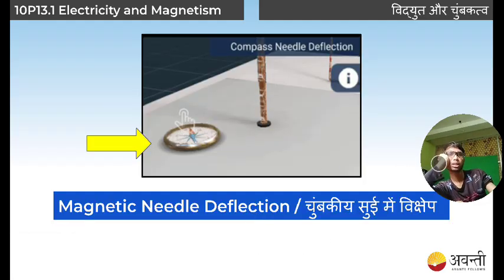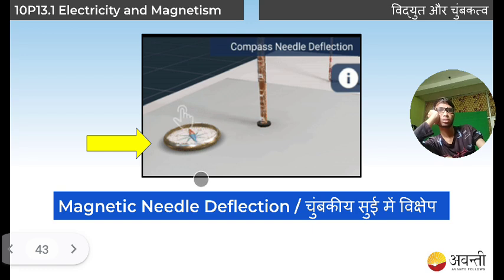Here we have magnetic needle deflection. When the switch is on, the needle will start behaving. Magnetic needle deflection. Here we can see it is working. It is working because there is a connection of electricity with this.